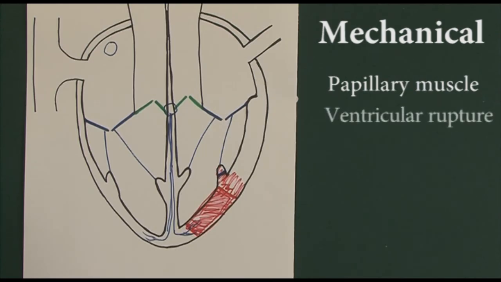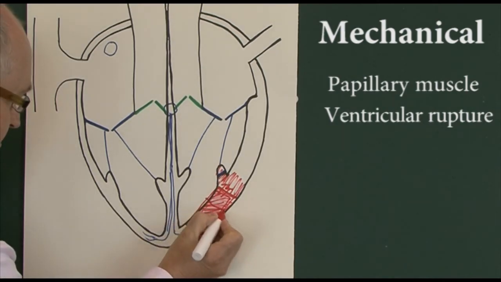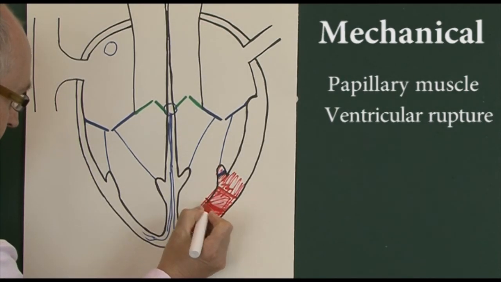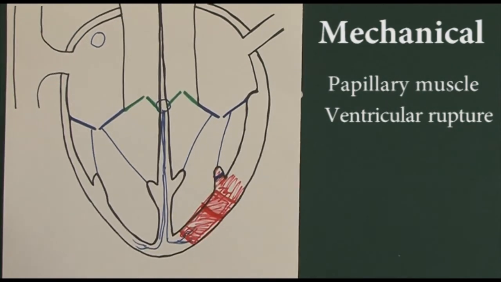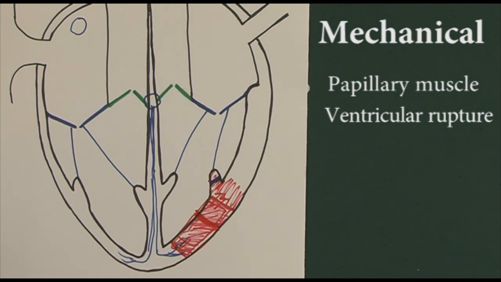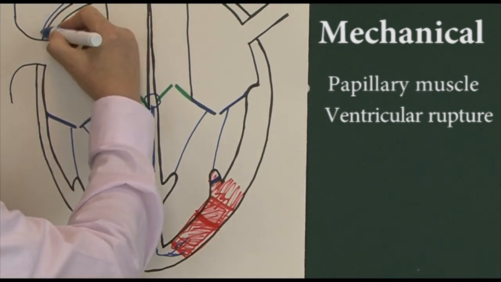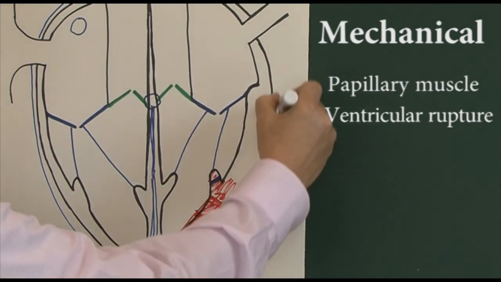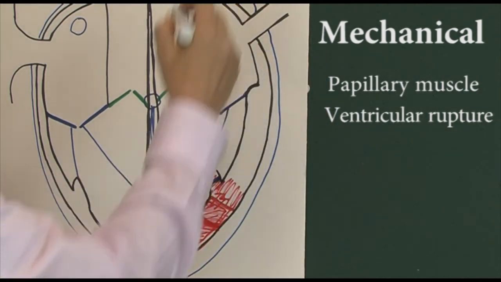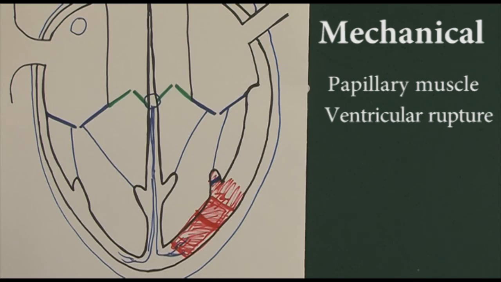Another one is a ventricular rupture, where the blood can actually get through a dead area of myocardium, and you can get ventricular rupture. Now, as you know, the heart is surrounded by the fibrous pericardium that prevents overexpansion of the heart.